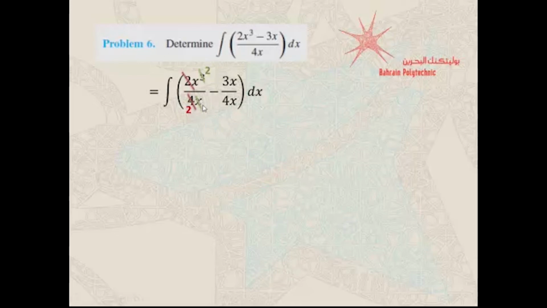So over the x is 1, and x to the power of 3 over x is going to be equal to x to the power of 2. In the other term, you can see that I can cross out the x's, and I'm going to rewrite this. It becomes x squared over 2, and here you've got the constant minus 3 over 4. Now I'm going to do my integration.